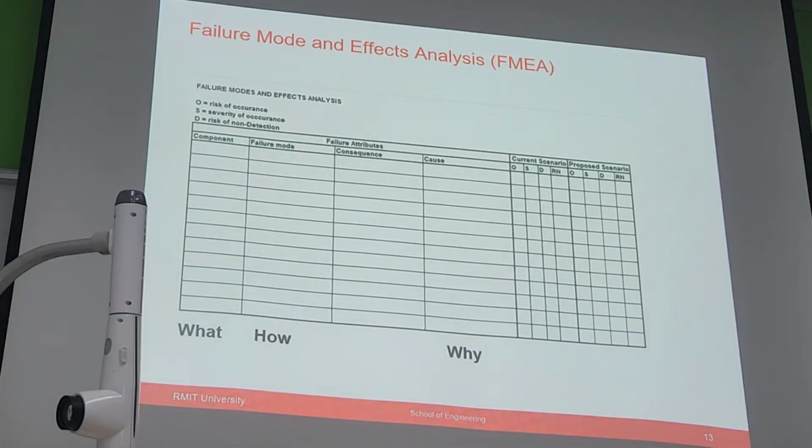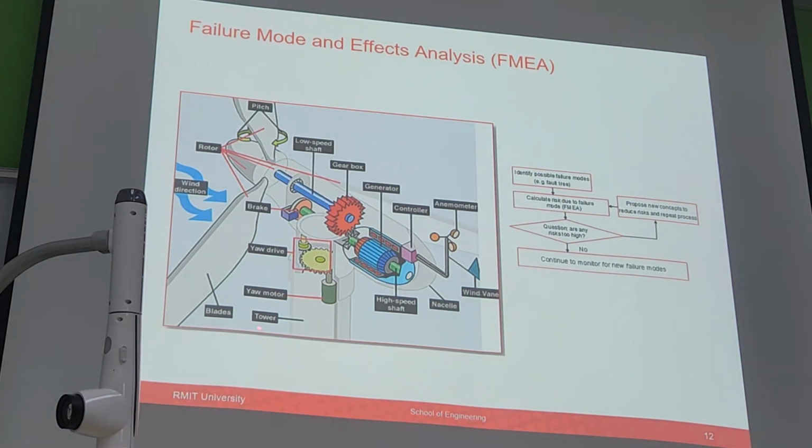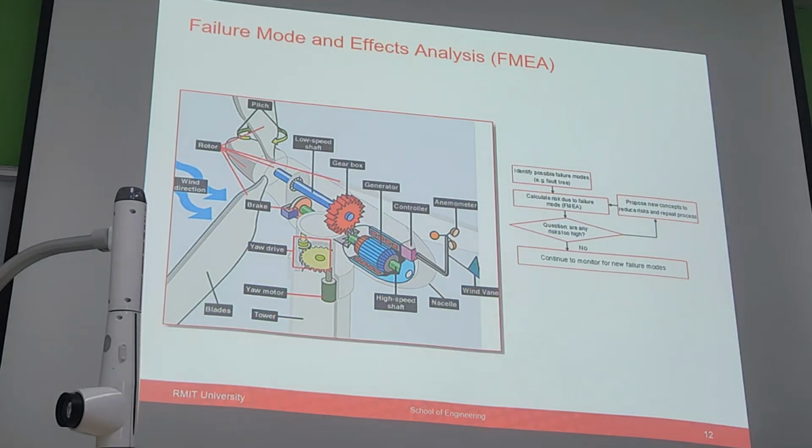What does it mean, what? What component? Very good, thank you very much. What component? Look at this shape, you can see which component is there. You can see the yaw motor. You can see the gearbox.